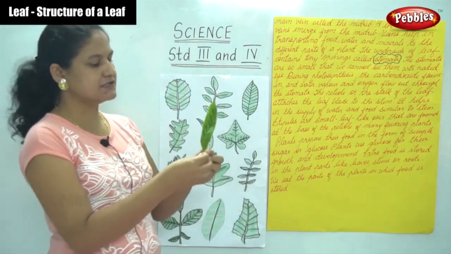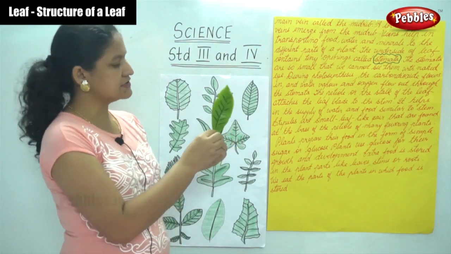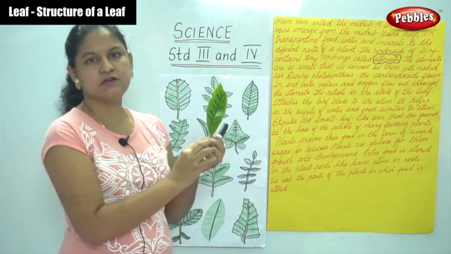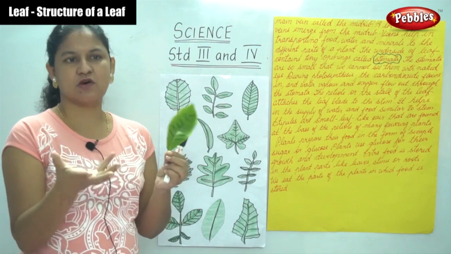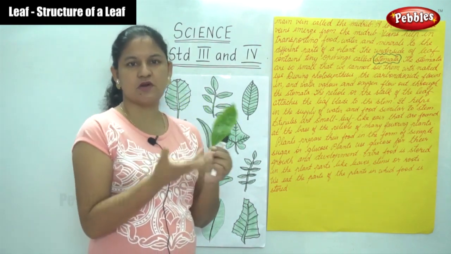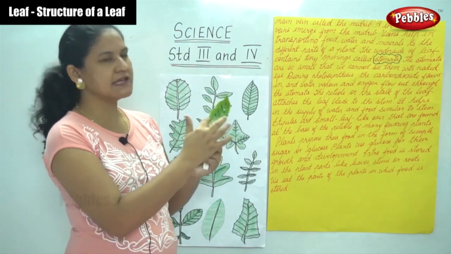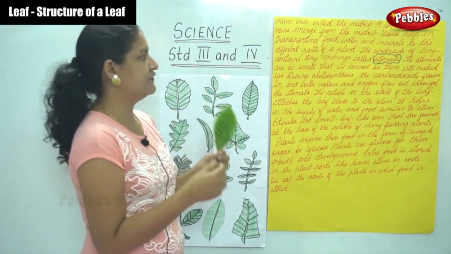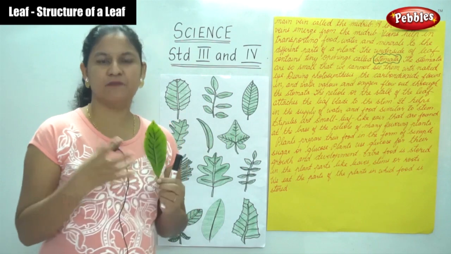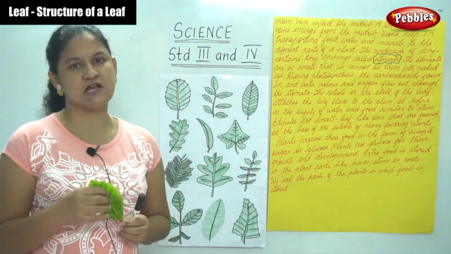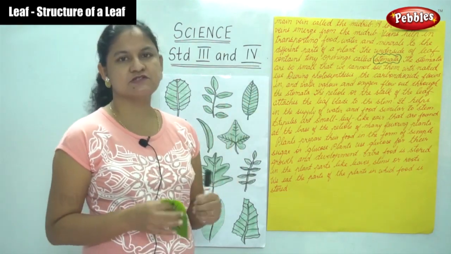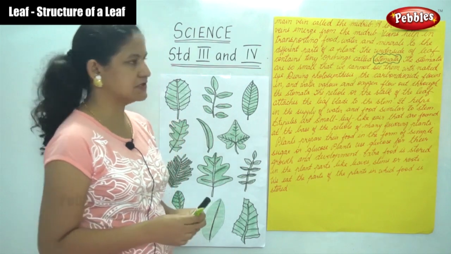In the center runs the main vein, otherwise called the midrib, and from the midrib small veins emerge from the leaf. The main function of the veins is to transport food and minerals to the different parts of the plant.